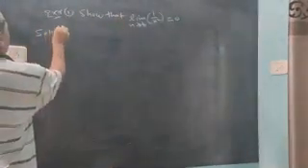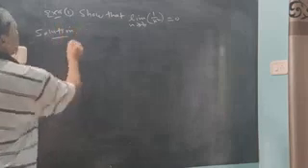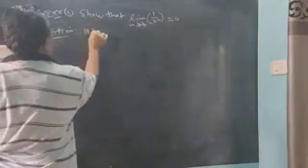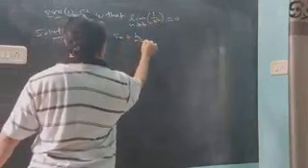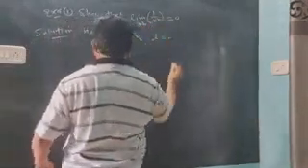So, solution. Here, what is the sequence? This sequence is S_n = 1 upon n square, with limit 0.